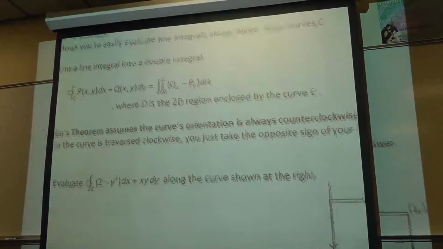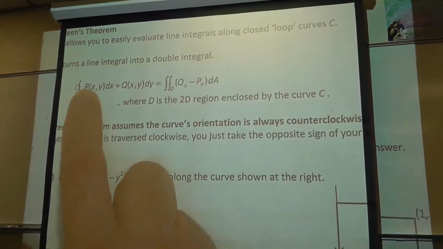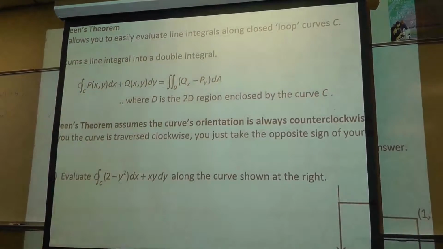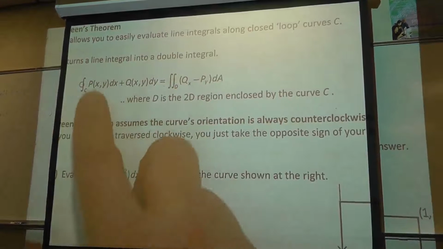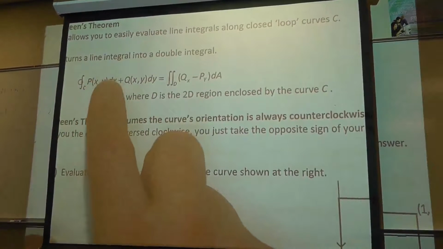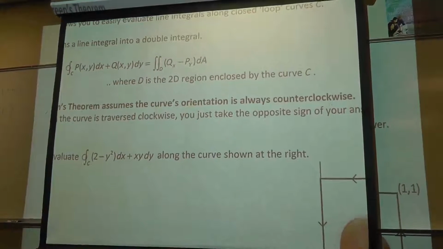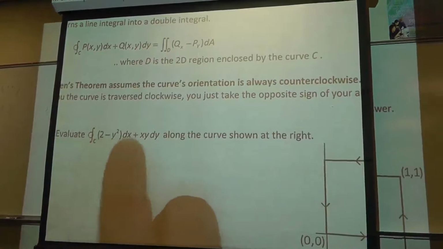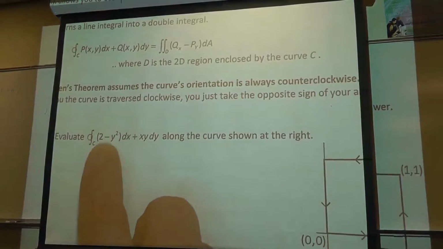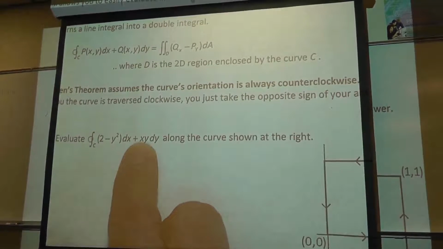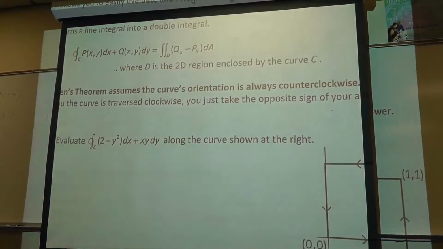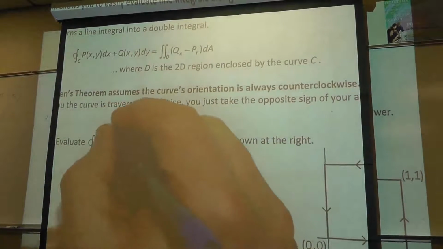So Green's theorem applies. Notice it uses some of the same notation that I showed you earlier in the fundamental theorem. P here represents the function that's paired with dx, and Q represents the function that's paired with dy, in that same alphabetical order. So in this line integral we're going to evaluate, P is the 2 minus y squared, and Q is the xy. Hopefully those pairings are pretty obvious.